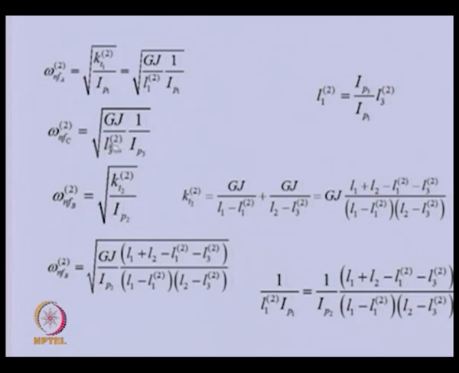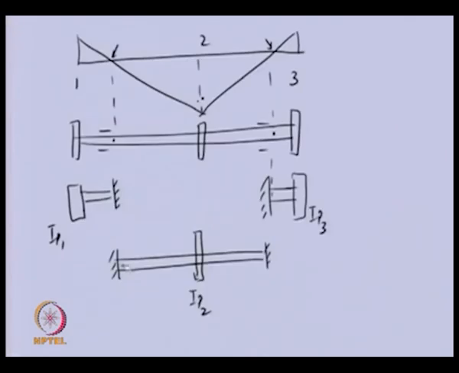This is also unknown. Then the third natural frequency, that is for the middle rotor system, which had a fixed boundary condition and the disc in between, if we don't have the idea about the length, because these lengths are unknown.